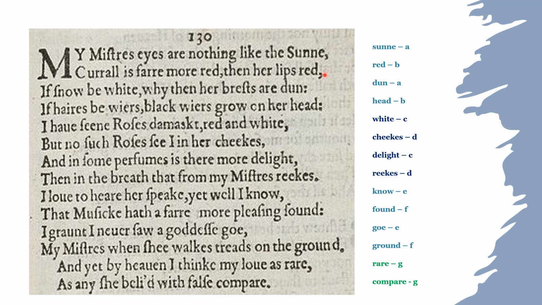Sun and done, A; red, head would be B; white, delight; cheeks, reeks; no, go; found, ground. And finally the couplet, rare and compare. And in total, the first quatrain would be ABAB, second quatrain CD, third EF, and the final couplet would have GG.